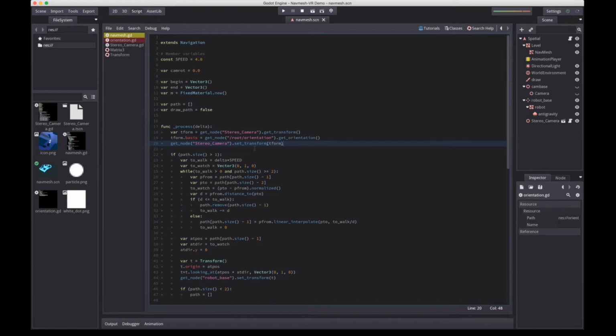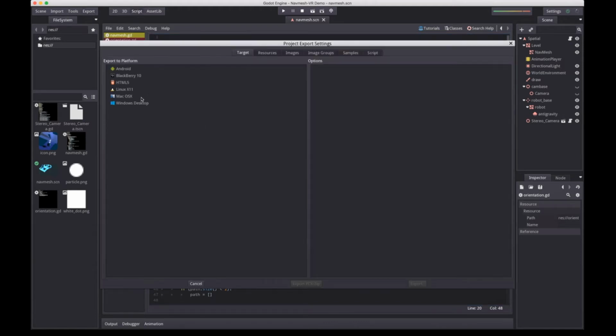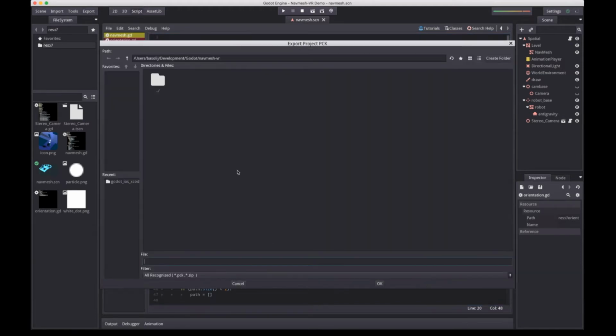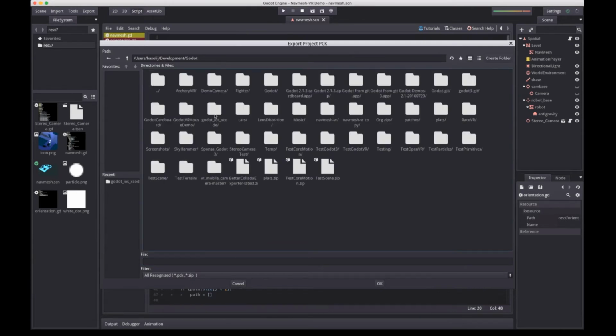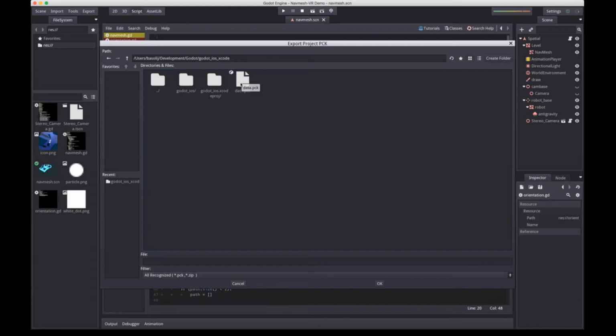So let's go and try it out. For that, we need to export our package into our iOS Xcode project, and I'm just going to overwrite my data pack there.